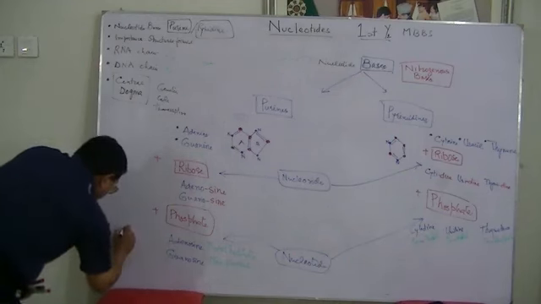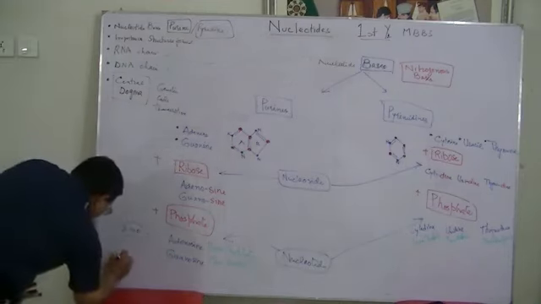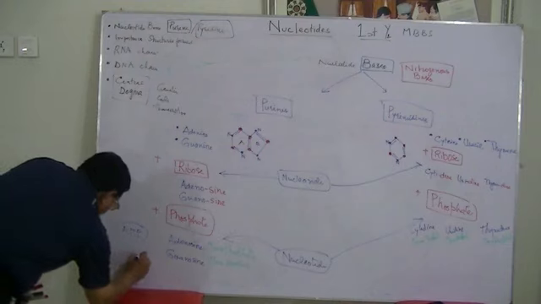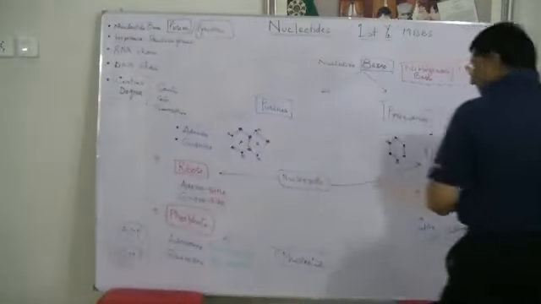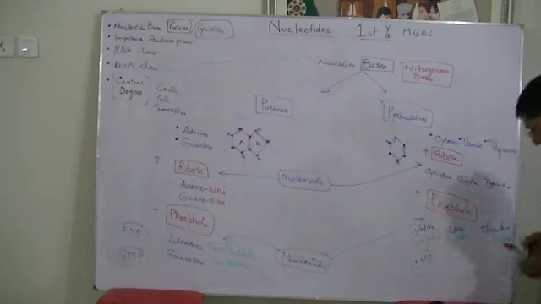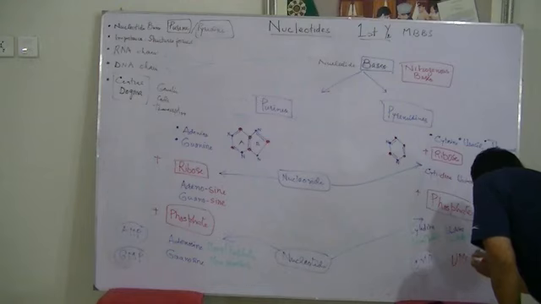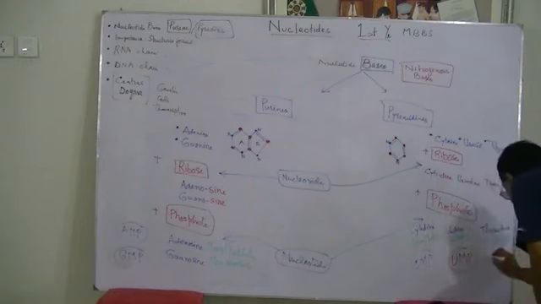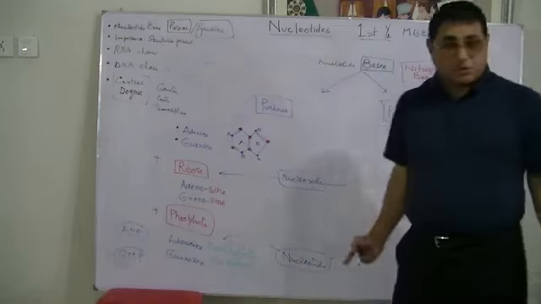Adenosine monophosphate, that is AMP. Guanosine monophosphate, that is GMP. Then you have got cytidine monophosphate, that is CMP. Then you have got uridine monophosphate called UMP, and thymidine monophosphate TMP. These are the building blocks.